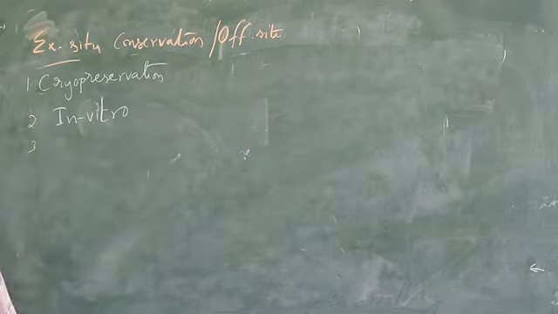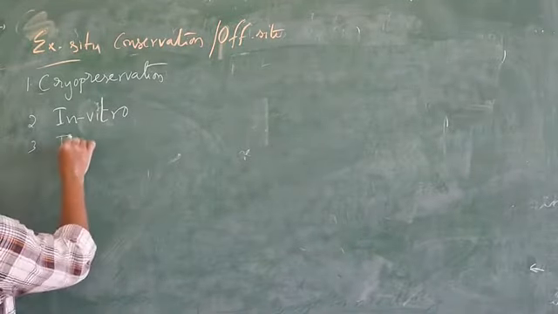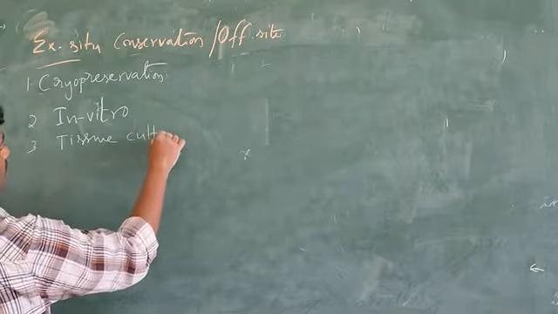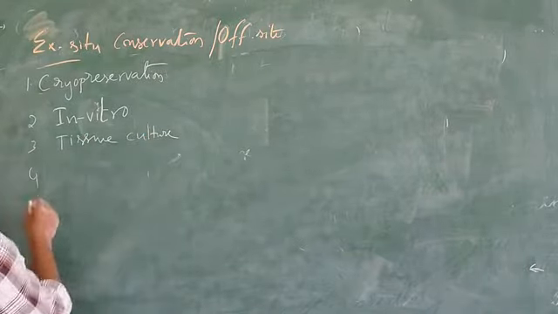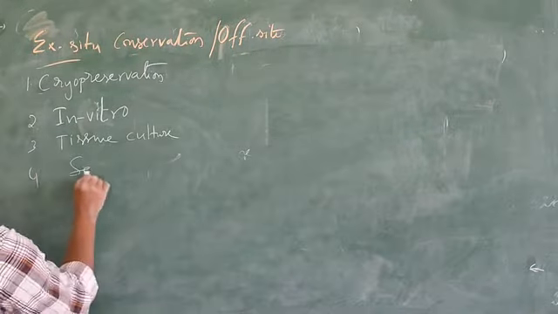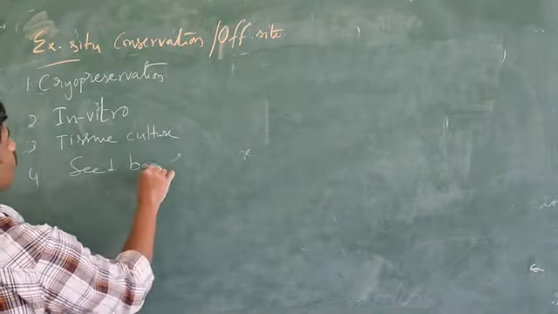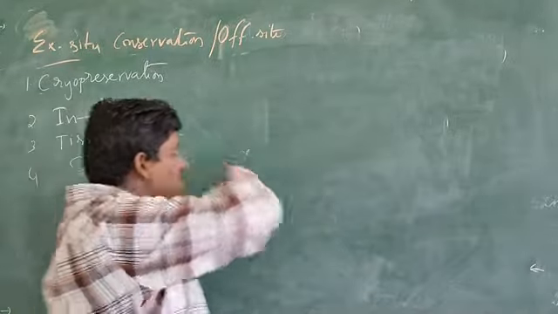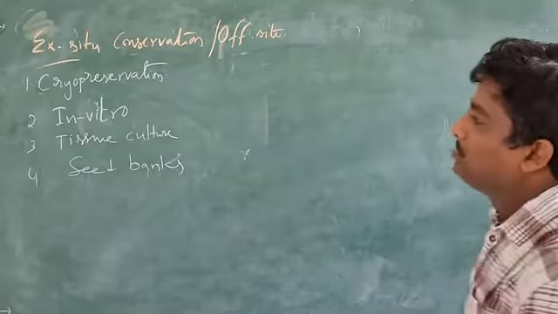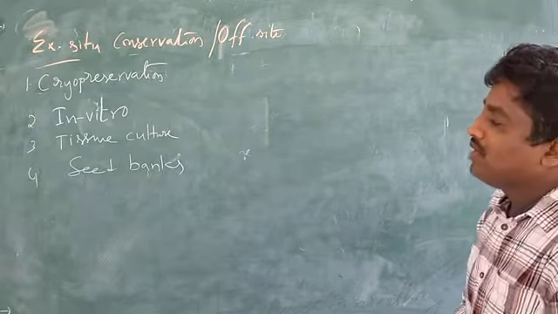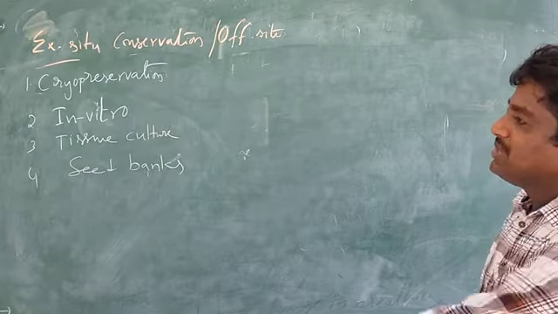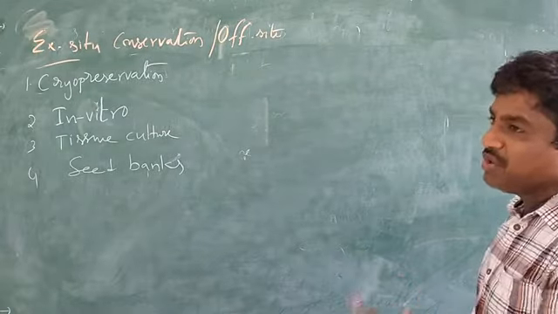Third is tissue culture, and the fourth is seed banks. These are the four methods we use for animal and plant species.